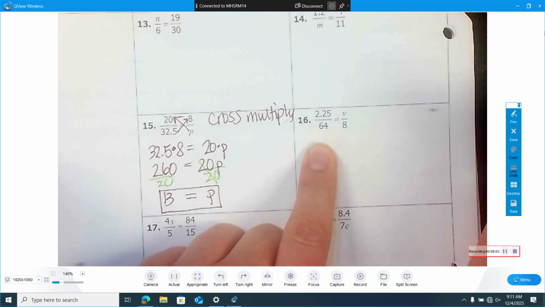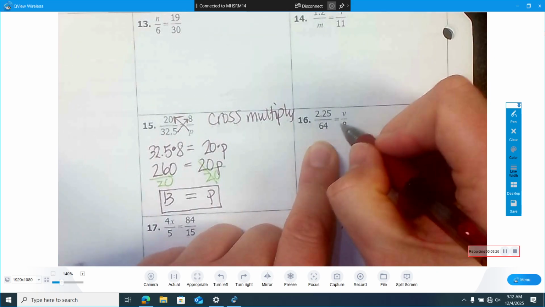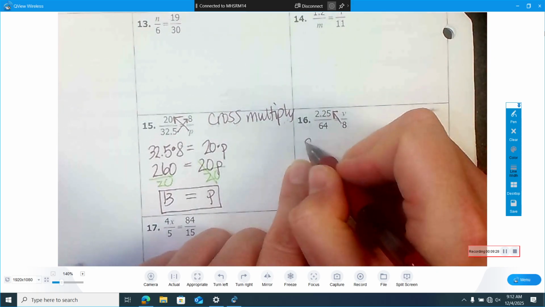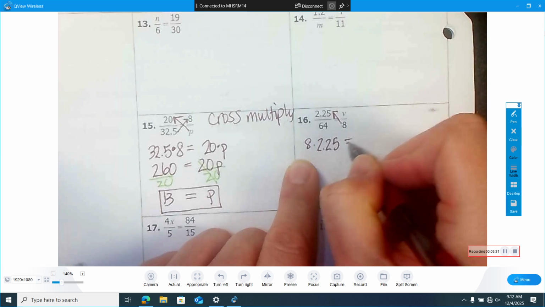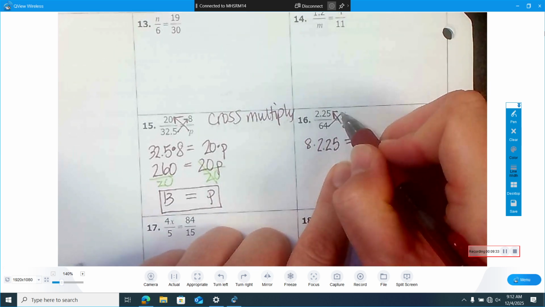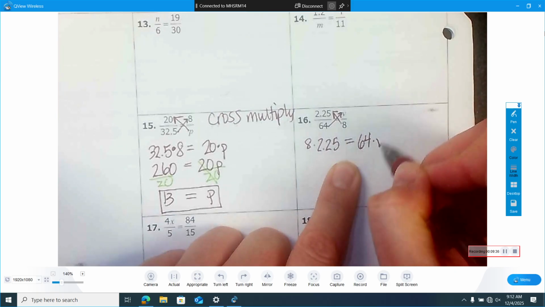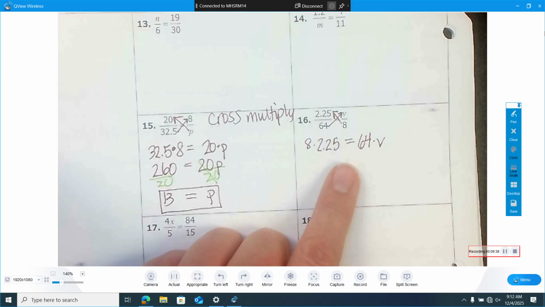Blake, what should we multiply? 8 times 2.25 and 64 times V. Good. 8 times 2.25 on one side and 64 times V on the other side of the equal sign.